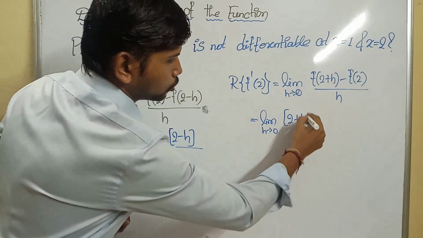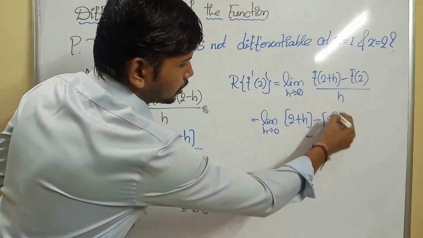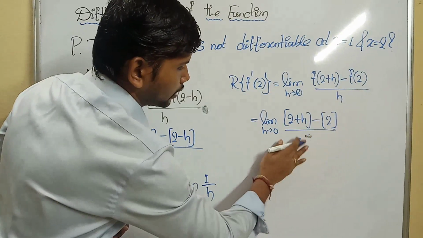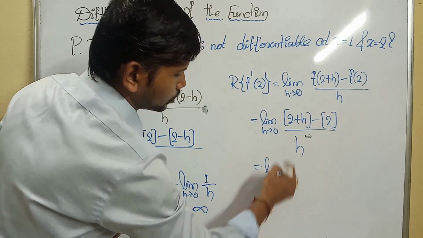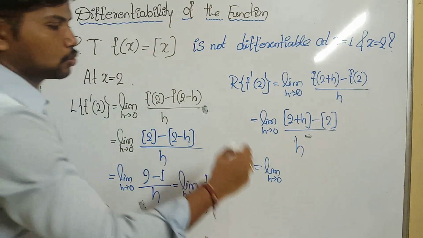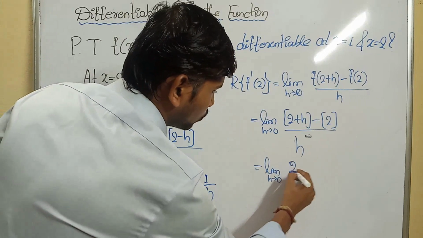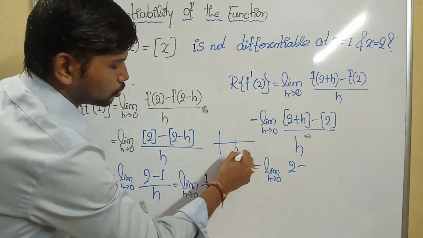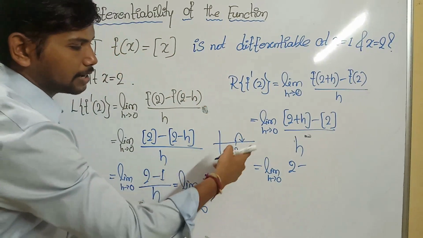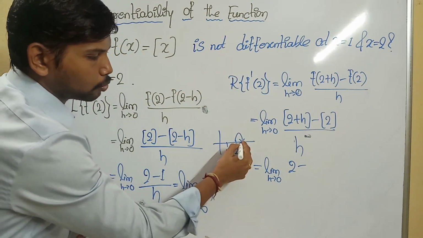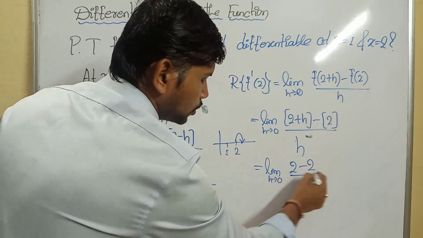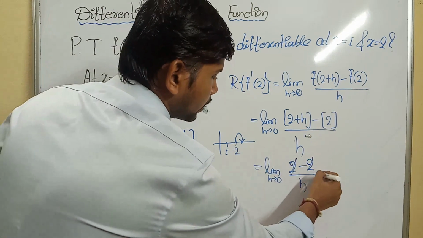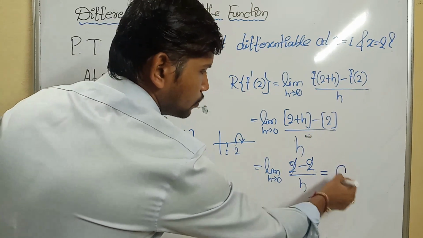The greatest integer function of 2 plus h, minus the greatest integer function of 2, divided by h. Limit as h tends to 0. What is 2 plus h? Yes, 2 plus h will be 2 only. Why? Because 2 plus means the right part of 2. For the right part of 2, the integer to its left is 2. That's why I wrote 2. The greatest integer function of 2, divided by h. 2 will cancel. 0 by h will be 0.